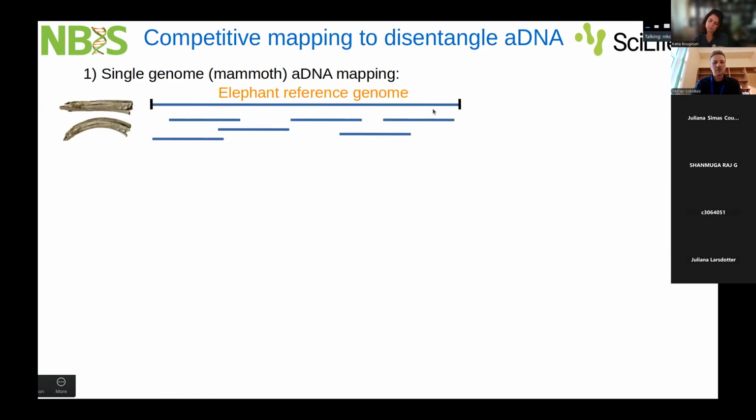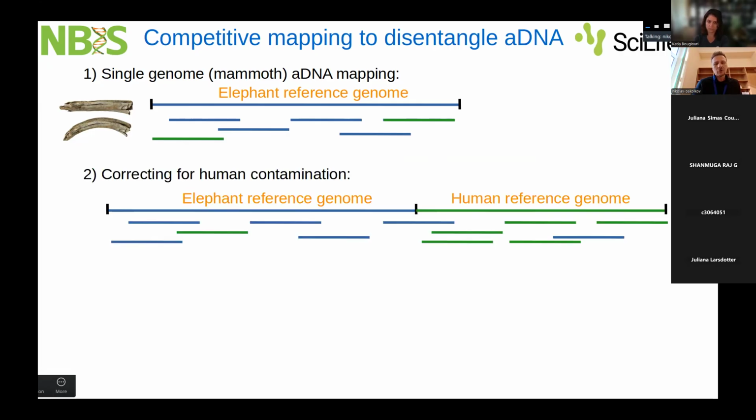So some of these reads can be green. And how to handle this problem, how to disentangle, how to figure out what reads are coming from the mammoth and what reads are human reads? You can do this approach, which is called competitive mapping. And this is a very straightforward, very elegant approach that I highly recommend.